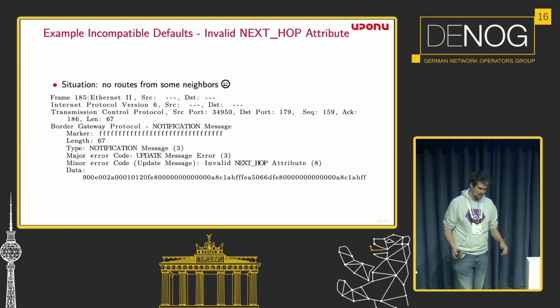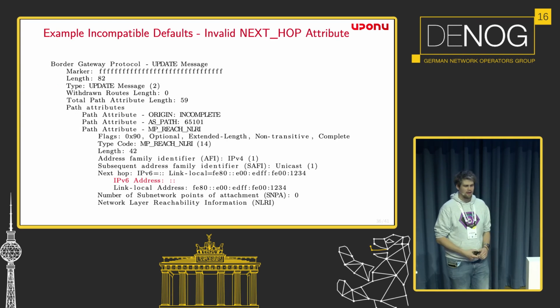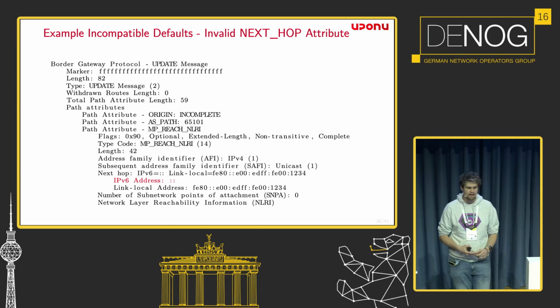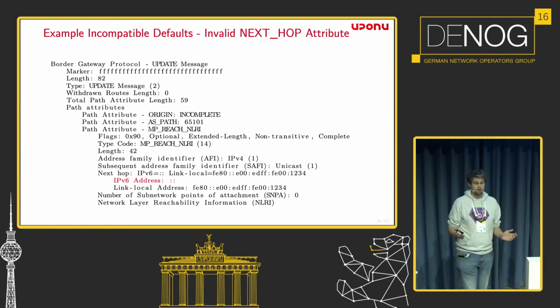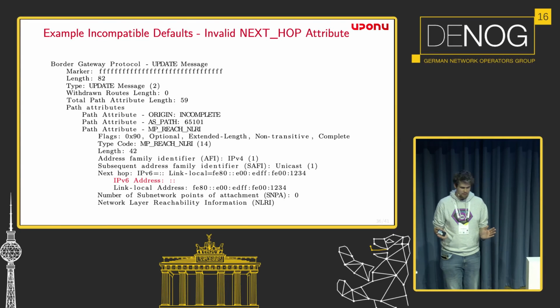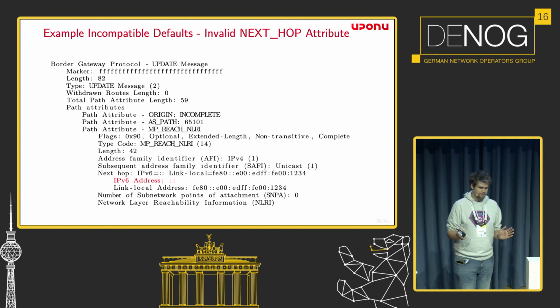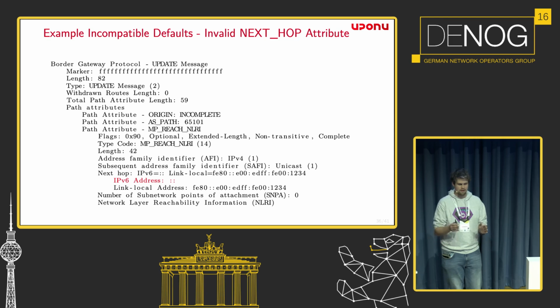Okay, then now let's look into the actual update message, and now we can see that the switch doesn't set the next hop IPv6 address. This is strange. This is okay in the standard, but the Arista devices cannot work with it, and the Dell devices cannot work with it by default.